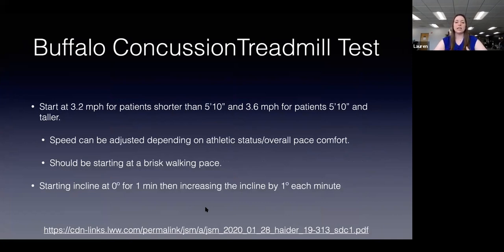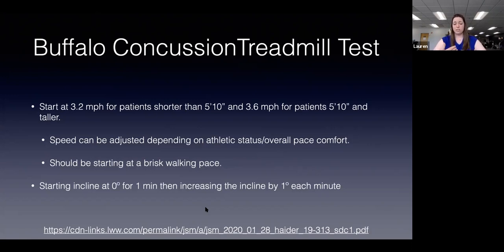So the starting pace for the treadmill, if they are shorter than 5 feet 10 inches, start at 3.2 miles per hour. For someone who is taller than 5'10", it starts at 3.6 miles an hour. If that feels like a very slow speed for them, it can be adjusted depending on athletic status and overall comfort of the pace.